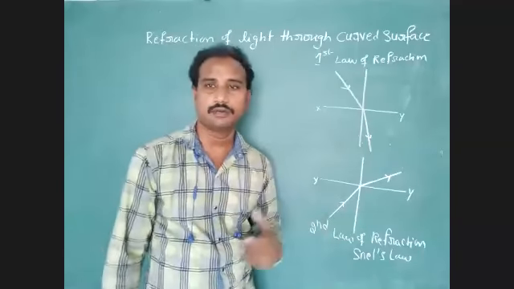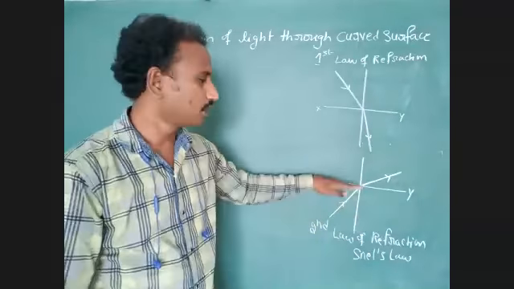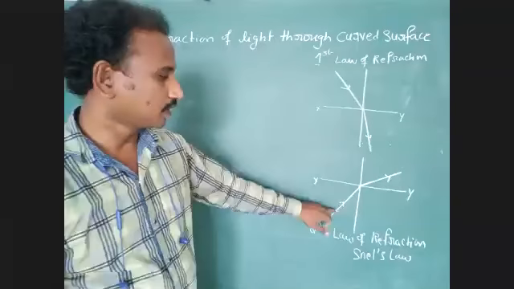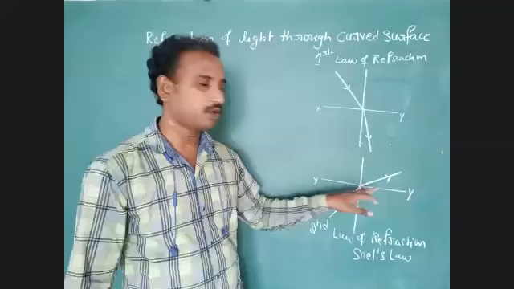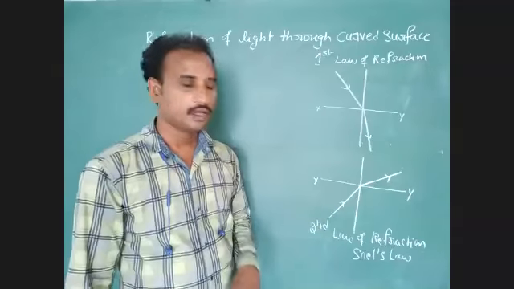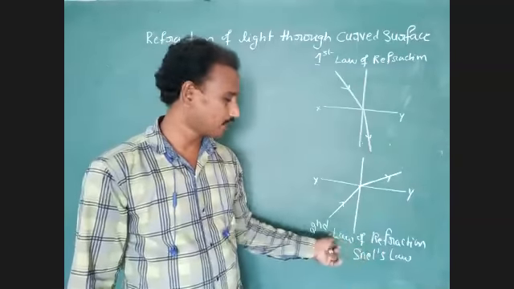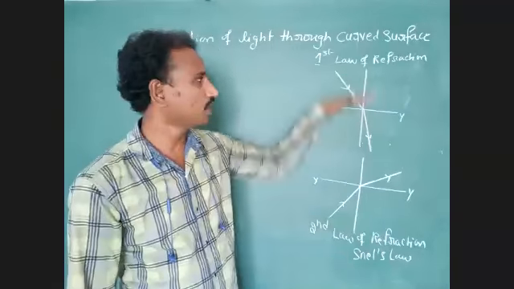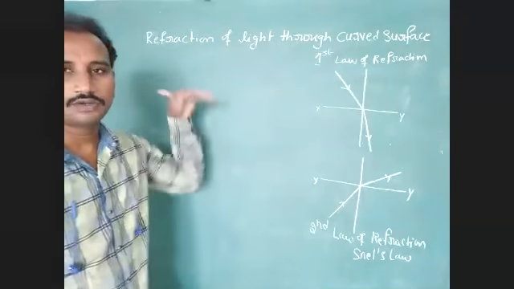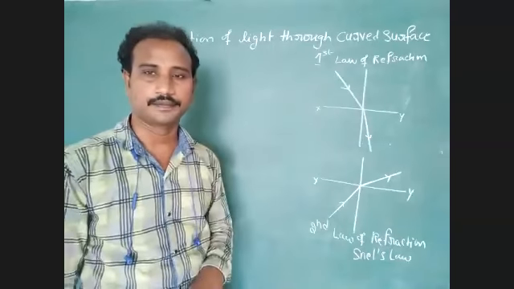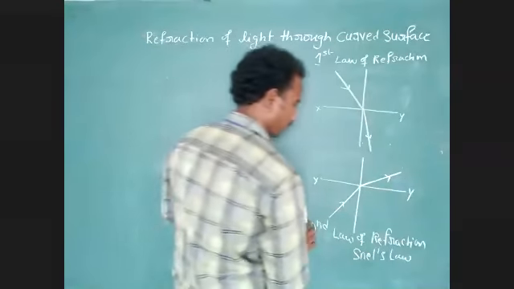The incident ray, normal, and refracted ray lie at a point on a refracting surface. So Snell's law is also called the second law of refraction. These two laws we apply for this condition, refraction of light through curved surface. Okay, students, now we discuss one by one.